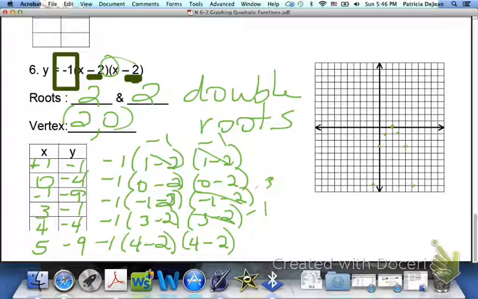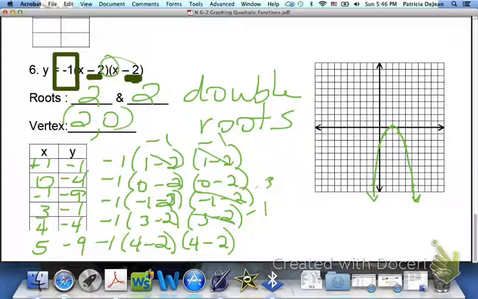All right, so you can see that the breadth of it is a parent function, but it opens down, so that's different than a parent function, and it's shifted to the right 2 places rather than resting right at the origin.